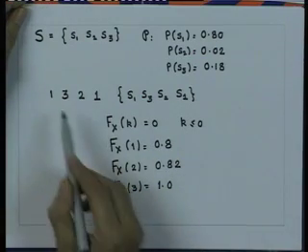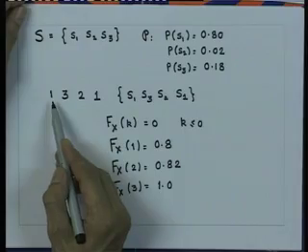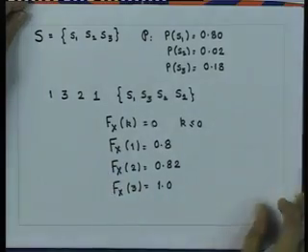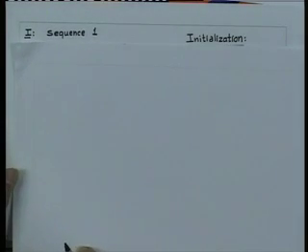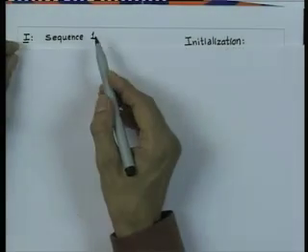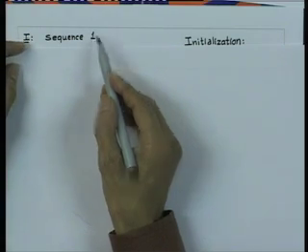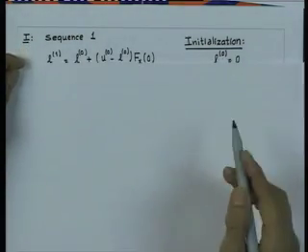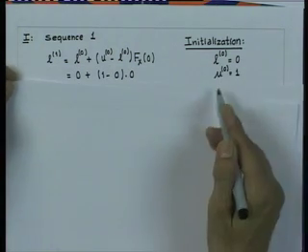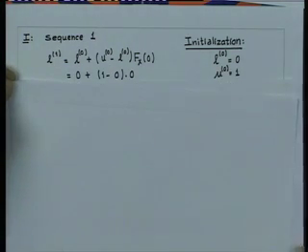So the first symbol in the sequence is 1. So let us generate the upper limits and the lower limit for the sequence at this stage. We will initialize L0 equal to 0 and U0 equal to 1.